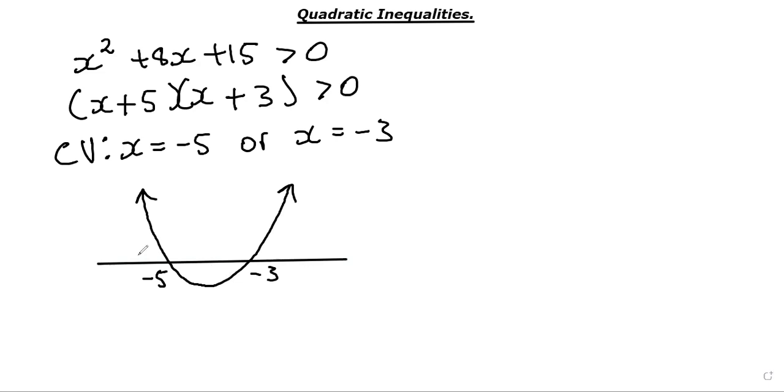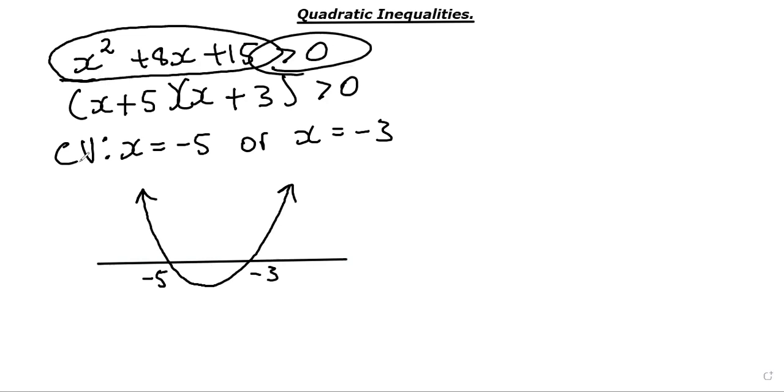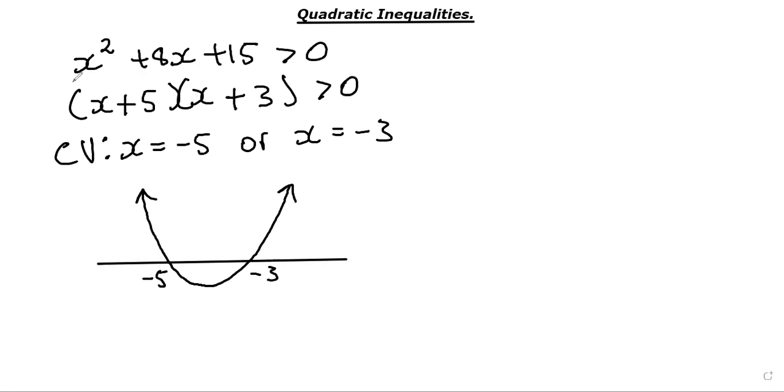So what is this one saying? It says we are looking for the values of x for which this function is greater than 0. In other words, where the y values of this function are positive. In other words, where the function is above the x-axis.